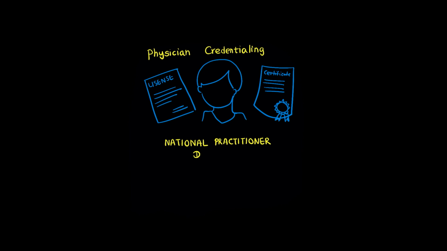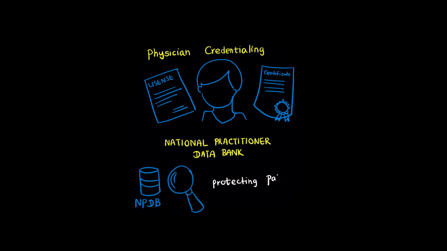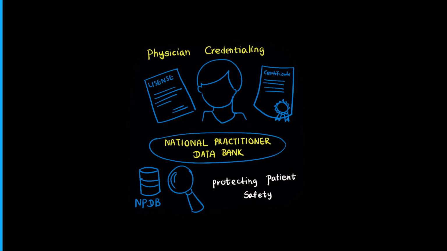It's not Medline, which contains medical literature, or trauma registries that track injury data for quality improvement. The NPDB serves as a centralized repository where healthcare entities must report and can query practitioner information. This database helps prevent practitioners with problematic histories from simply moving to new locations without disclosure, protecting patients through comprehensive background verification.